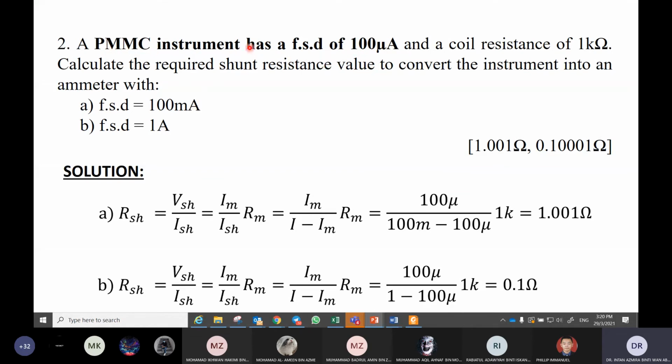And a core resistance of 1K, so 1K is RM. Calculate the required shunt resistance, R shunt, to convert the instrument into an ammeter with FSD 100 milliamp. For A, we want to design an ammeter with a range of 100 milliamp.